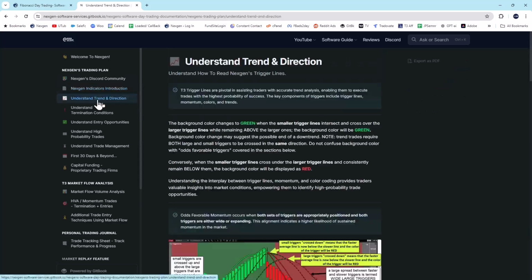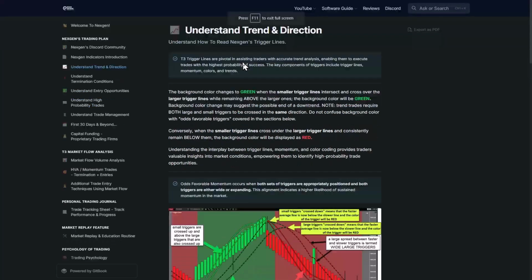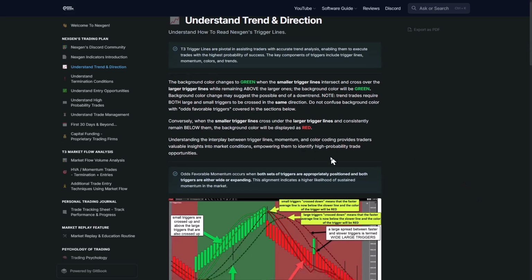Then we work our way into trend and direction. It's so vital that you understand where the market's going, when it's not going to go, why it's going to go, and why it shouldn't go. There's a lot of chart reading that you are going to be doing.